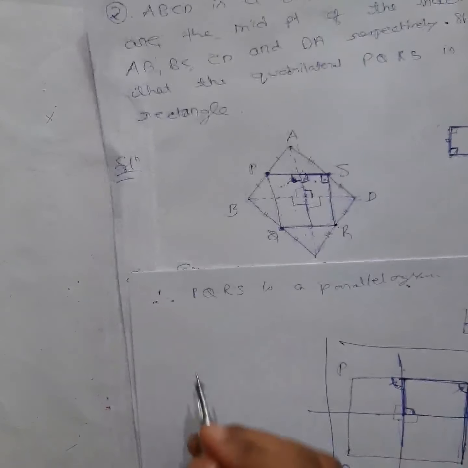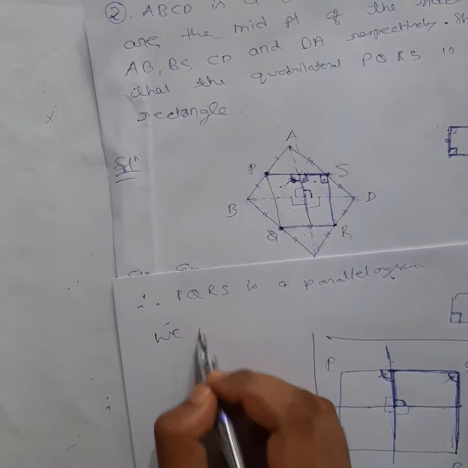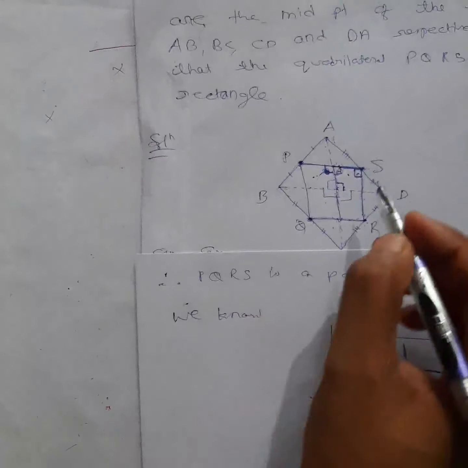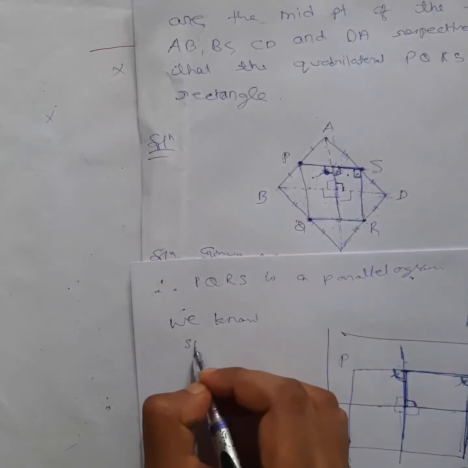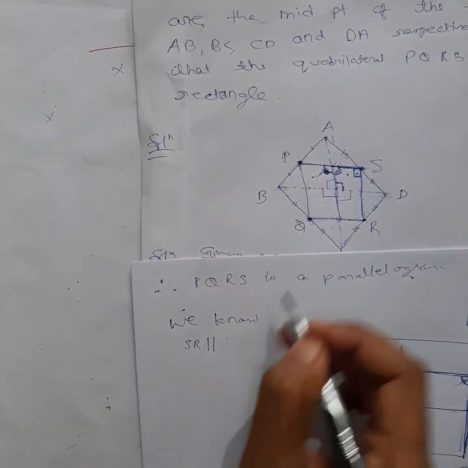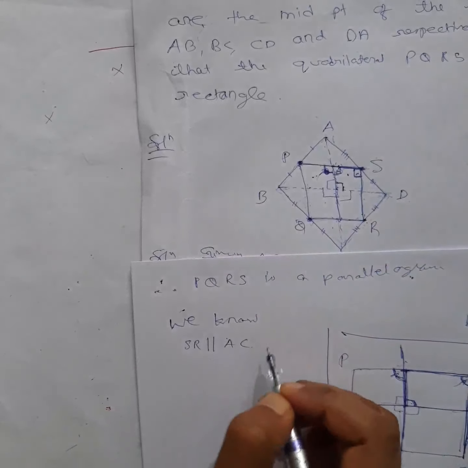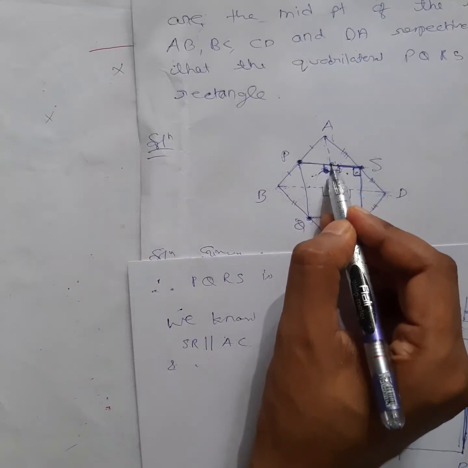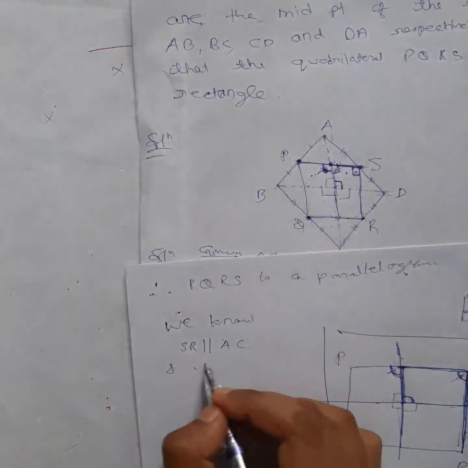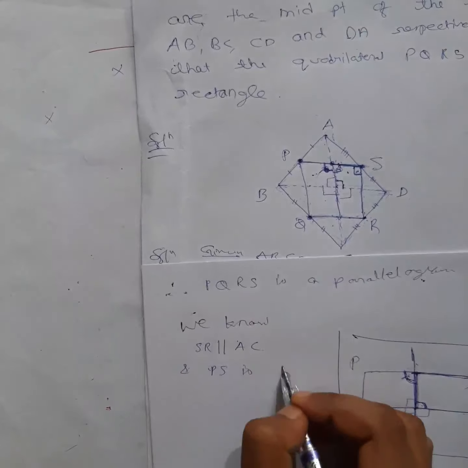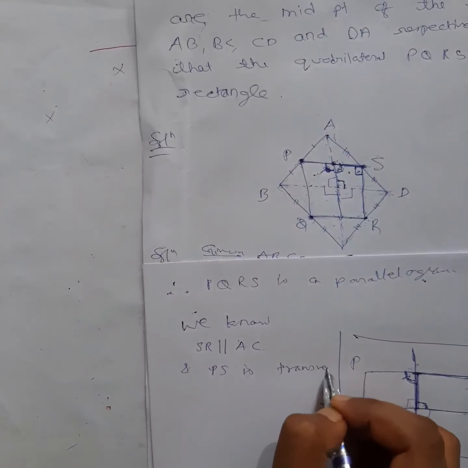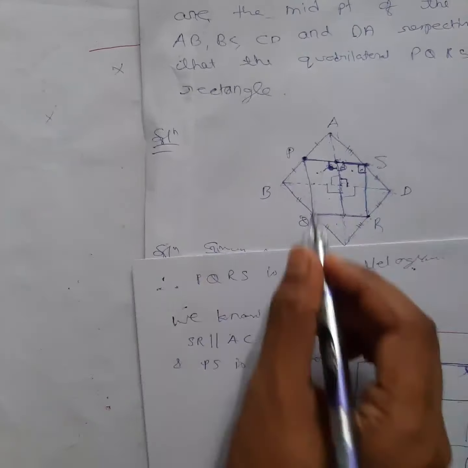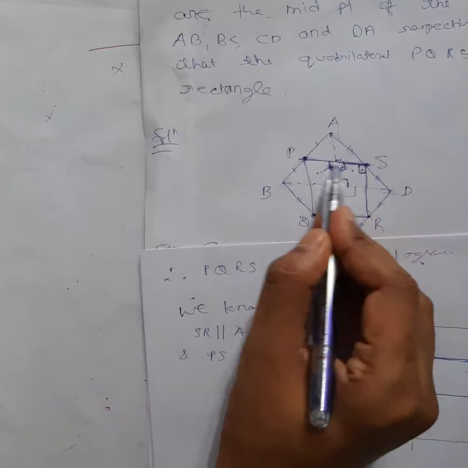So see how we will write it down. Okay. We know, first I will take SR parallel to, let me write AC. Let me write PS is the transversal. Without naming there also we can do. We will take this name, this line, the whole line we will take.